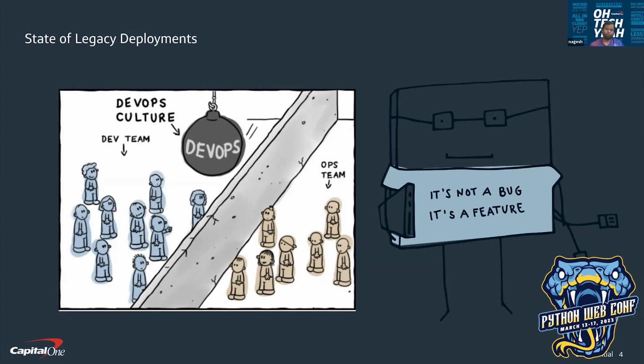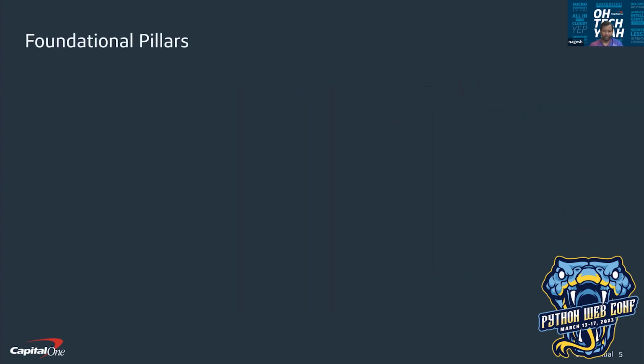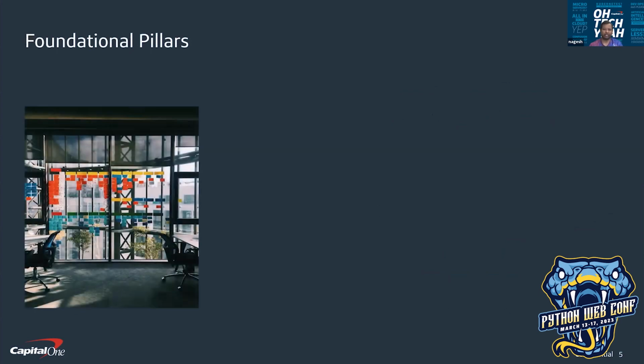And this is where we started investing in our foundation pillars. The first and foremost thing we did was adopting the Agile standards. In the past, we used the waterfall SDLC methodology in building the artifacts.